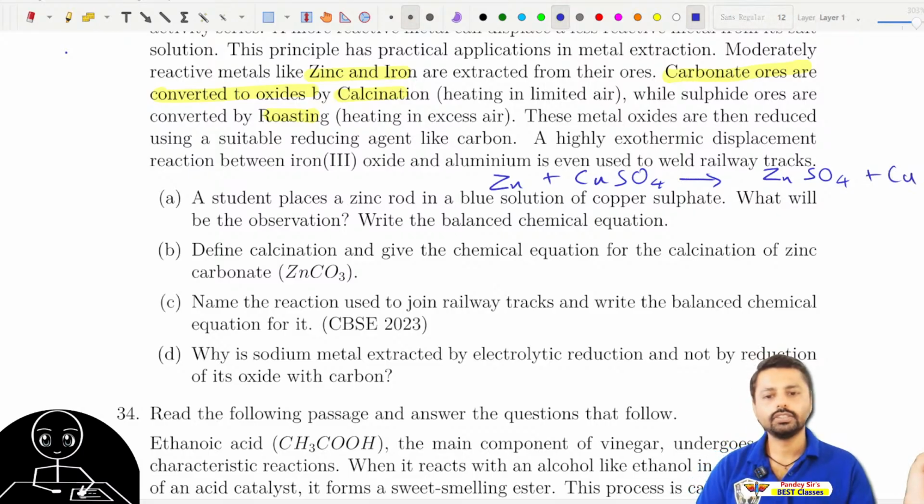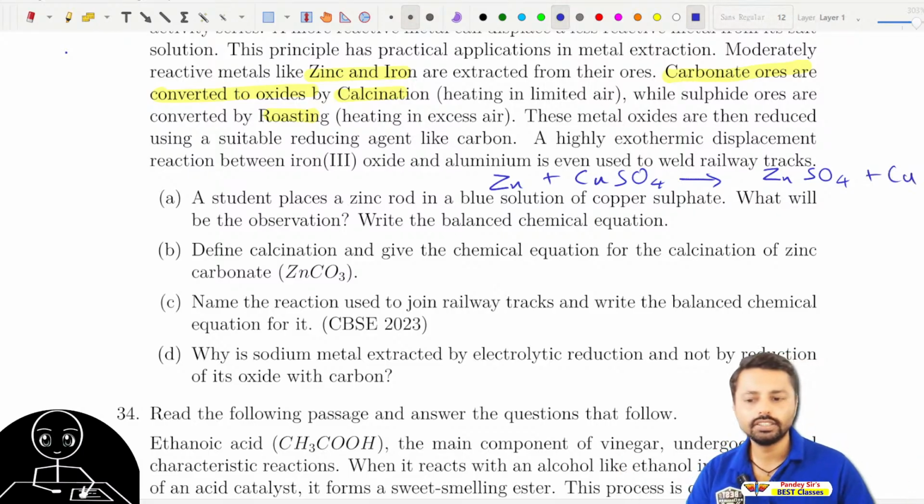What about the color? The blue color will fade and a reddish brown deposit of copper will form. So the blue color will get faded and copper will get deposited.